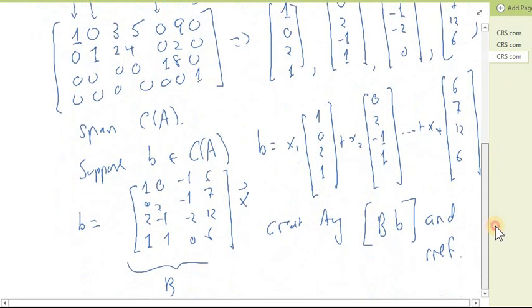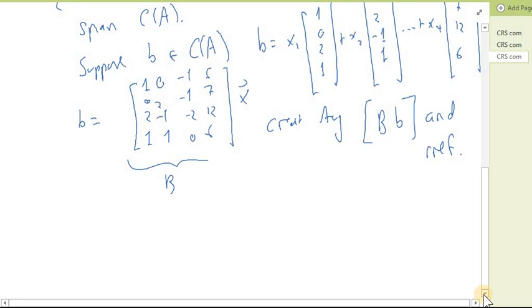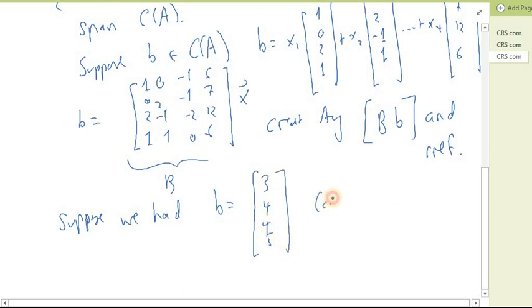So suppose b is equal to 3, 4, 4, 5, column 3 of the original matrix.